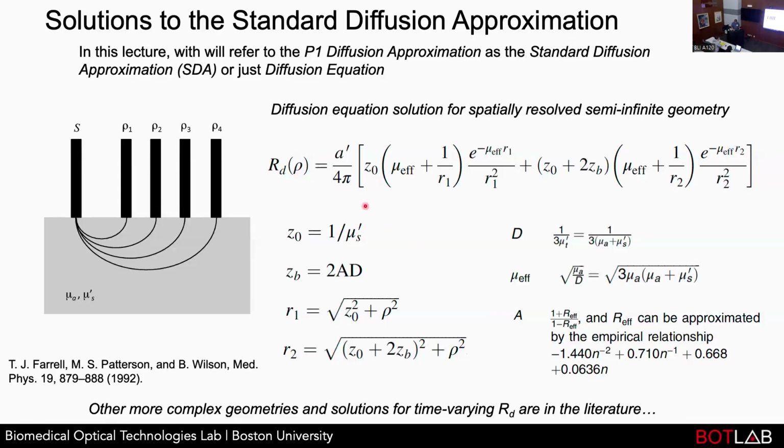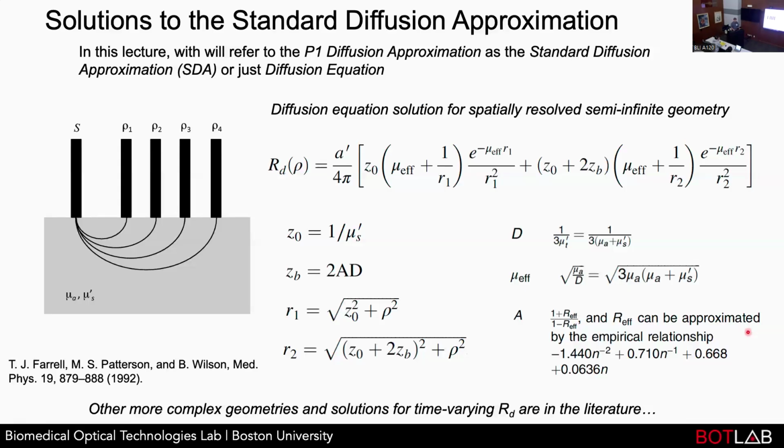If you look here, everything you see, like z naught, is just 1 over mu S prime. Here's mu effective. It's a function of mu A and mu S prime. So you can code this up in a few minutes in Python or MATLAB and start analyzing data. You have to wrap it up in a solver, and you can start extracting optical properties for a given solution to the diffusion approximation for given boundary conditions.